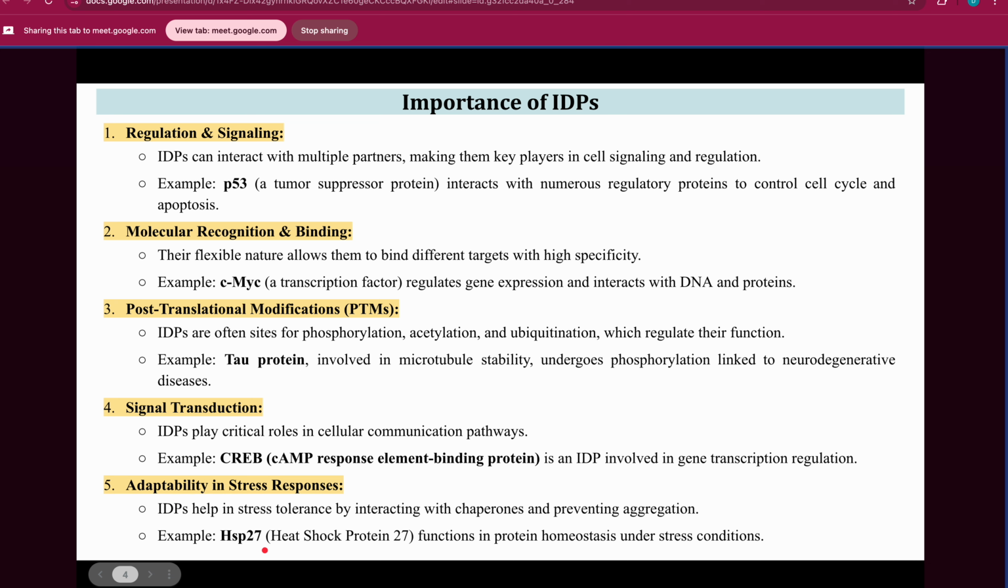For example, heat shock protein 27 is involved in protein homeostasis under stress conditions. Under stress conditions, proteins might get aggregated. But due to IDPs, they are able to interact with chaperones, which allow them to properly fold into a proper structure, and they also avoid aggregation. So these are some of the reasons why IDPs are important.